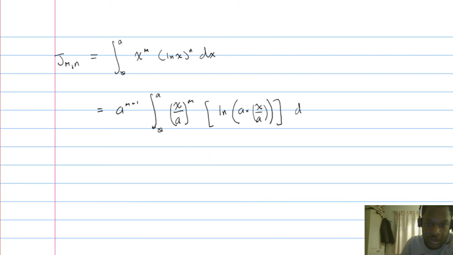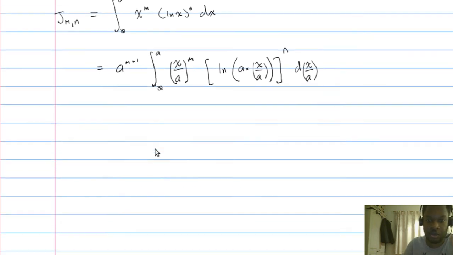And of course, we write the differential dx over a, because we pulled in m plus 1 factors of a. We used m of them here, and we used 1 of them here, and we didn't need a factor inside the logarithm. Of course, we understand this is to the n, right? All very good.